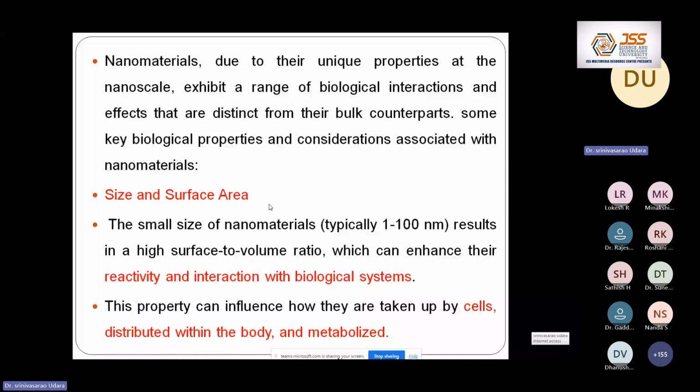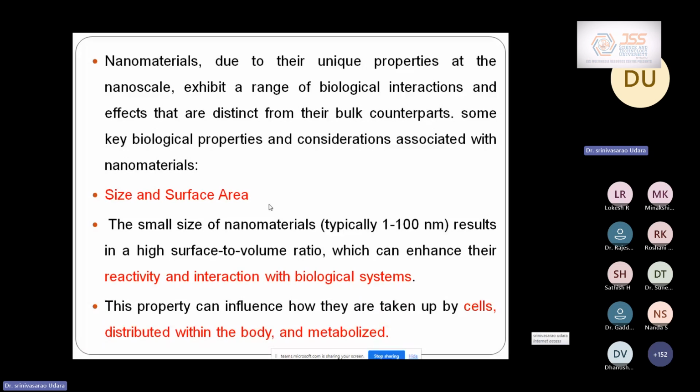All the resource persons taught very well on nanomaterials and biomedical applications. They gave very good information on the nanoscale, and some resource persons explained the basics of the nanoscale. I don't want to go into more basics; I am focusing on real-time applications for biomedical applications.